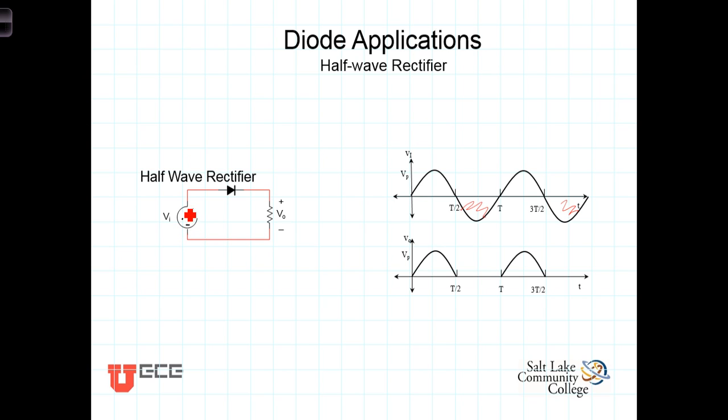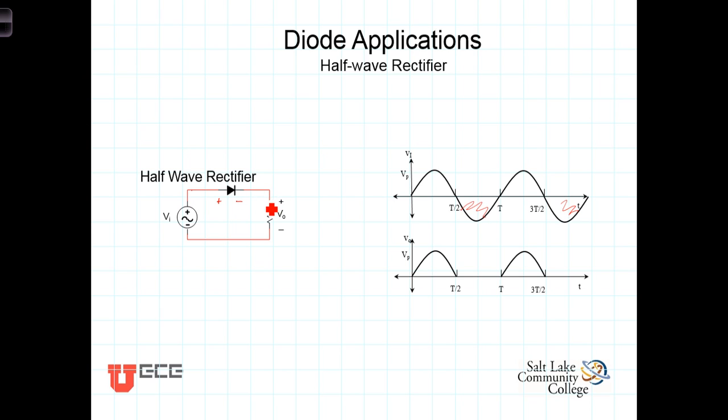When the input voltage is positive, the diode has a positive or a forward bias and will conduct. If we use the ideal diode model, we would then model this diode as with no voltage drop across it, and we would see the full input voltage across this resistor as long as the voltage is positive. When the voltage goes negative, this voltage here will be less than this voltage on this side of the diode.